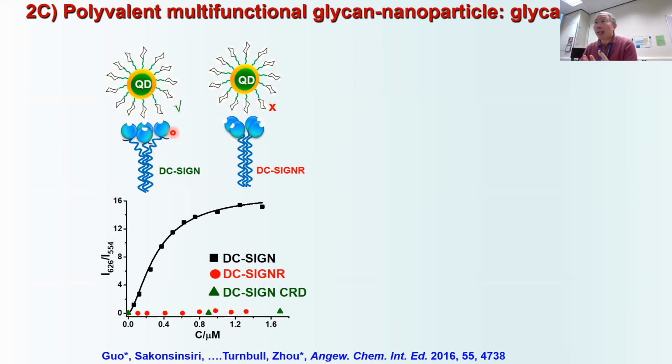So their binding domains should be facing upwards. But DC-SIGNR only shows minimal binding, which means their binding domains probably split up and face outwards. Because their monovalent binding is identical, the difference must be related to the different orientations of their binding domains.